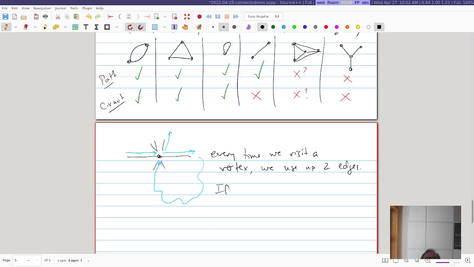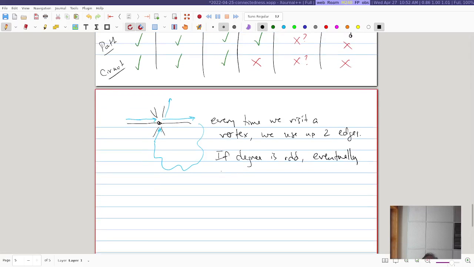So if the degree is odd, eventually, and I have to visit every edge, so if I'm going to make this work at all, I've got to keep going through the vertex to use up all the edges. But if it's odd, eventually there will be only one edge left, and we will get stuck there.